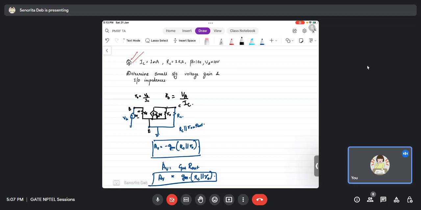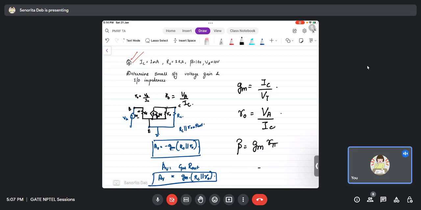So first find gm, IC by VT. You can find r0, VA by IC. From beta equals gm r pi, you can find r pi from here, which is the input impedance. Output impedance Z out, let me write R out.